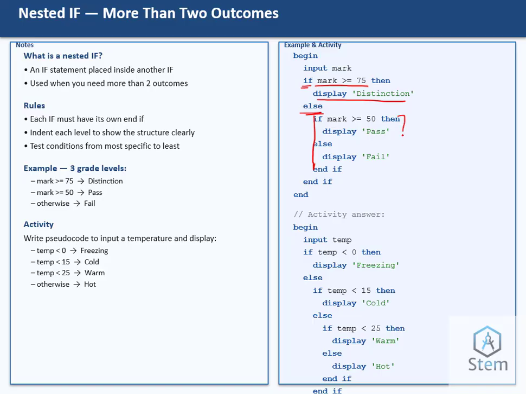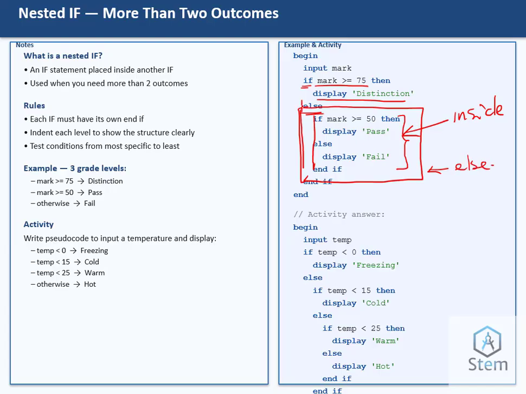Look, this is inside the else. Do you see that? Inside this else. Look, this is the else which is carrying the one which is inside. So it's inside, it's nested, like something inside a nest.